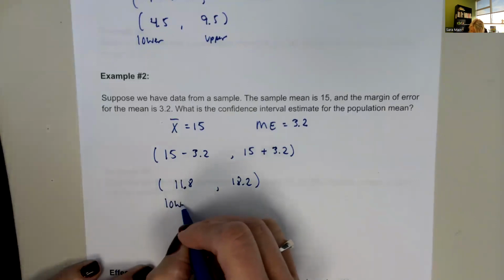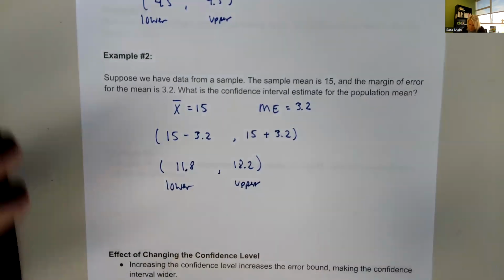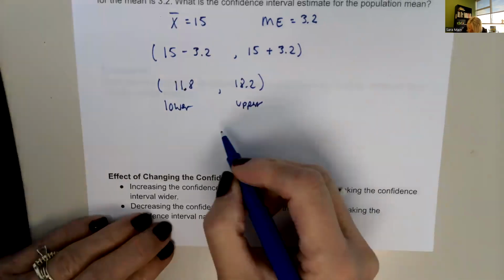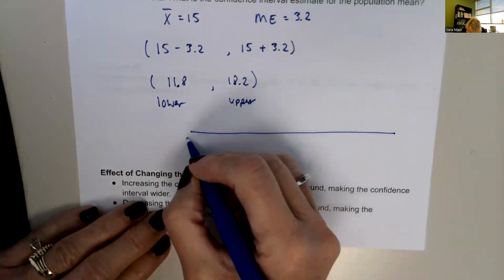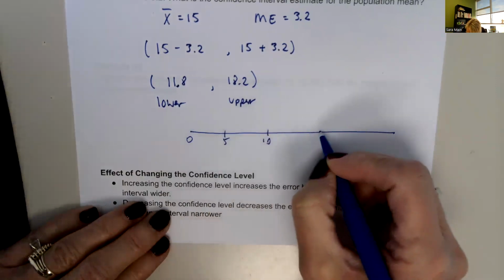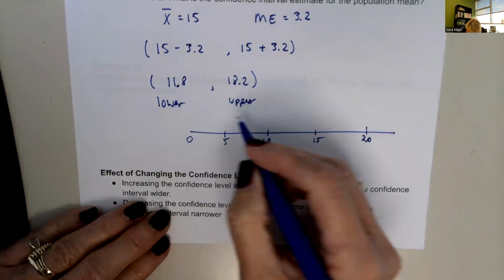Again, this is my lower and this is my upper. So we can think of this on a number line here. If we had 0, and let's say this is 5, and this is 10, and this is 15, and this is 20.